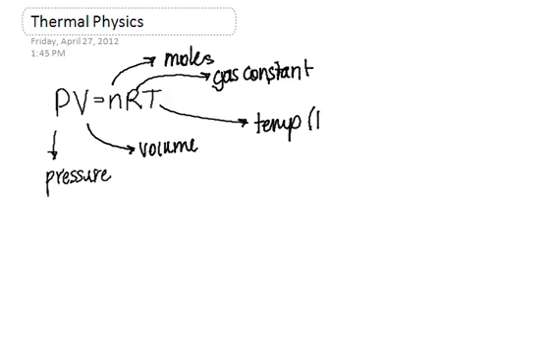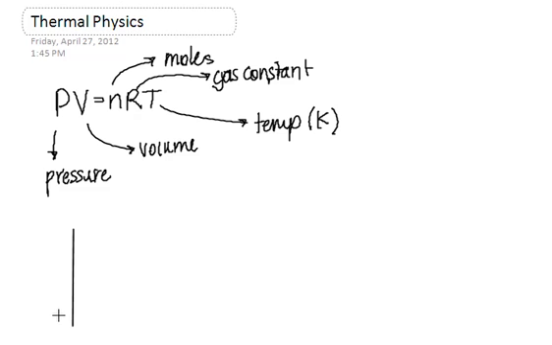Now when it comes to thermal processes, we can mark them with a graph. So let me make a little graph here and we'll go through some of the processes.